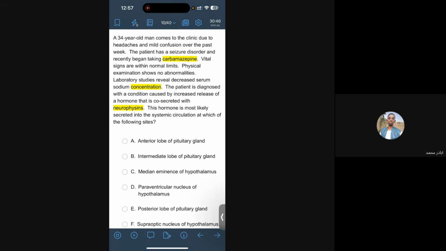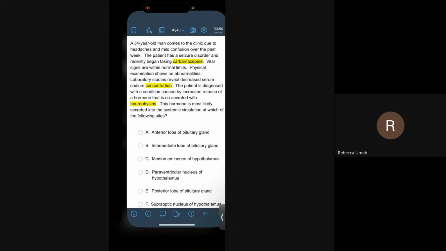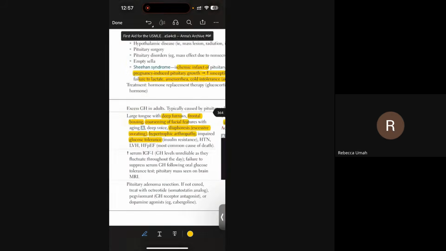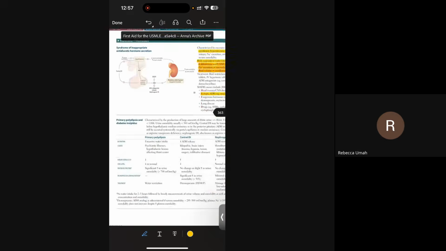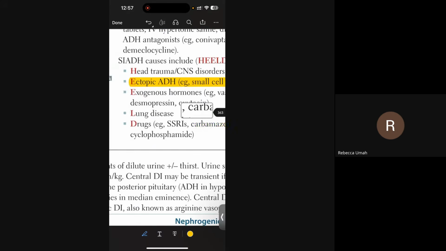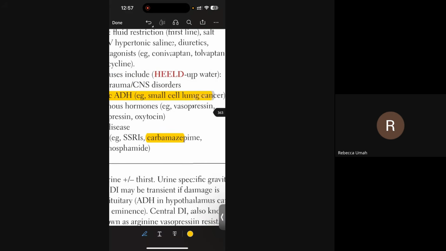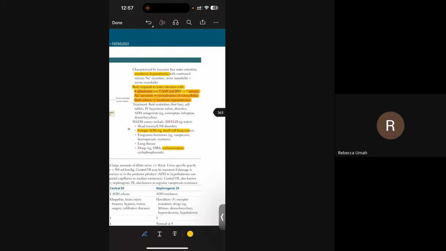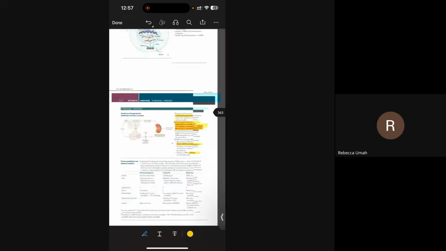ADH. Yes, carbamazepine affects ADH. Low sodium can also be explained by the ADH, right?